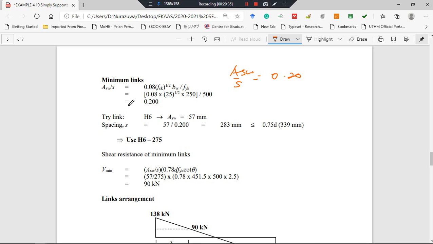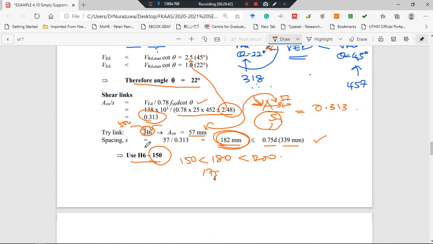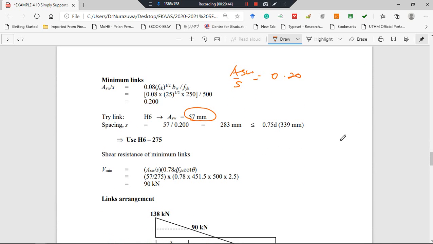Then we propose the same area as the shear link here, 57, and the spacing for the minimum links is 283, and we propose 275. Please make sure that this spacing is compared with the 0.75D. That is okay.